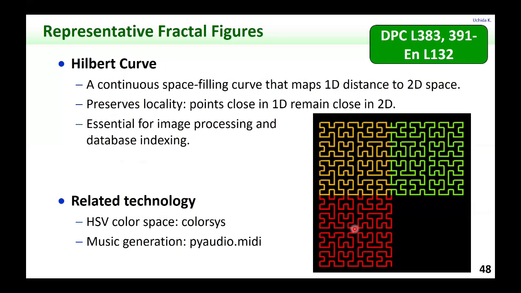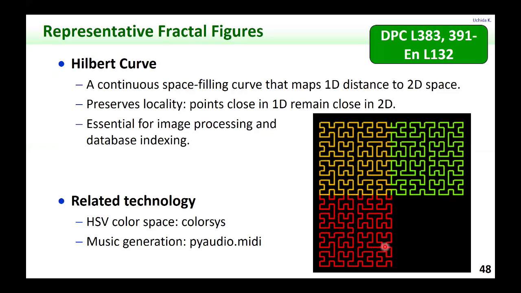Okay, let's see another type. This is called Hilbert curve. You know, Hilbert is a famous mathematician. And this is another very interesting continuous space-filling curve that maps 1D distance to 2D space. So you see, this is like a Chinese ramen donburi design.